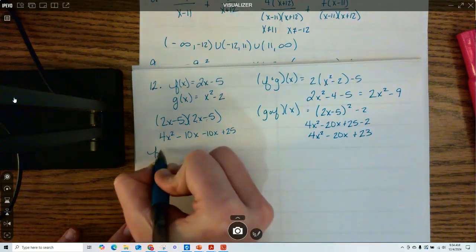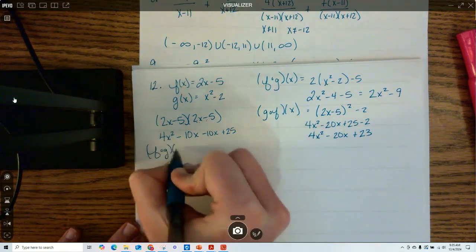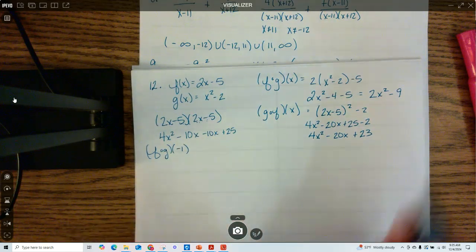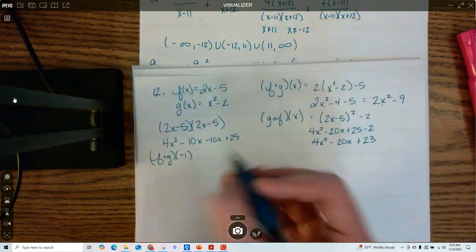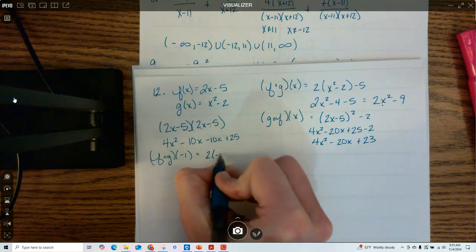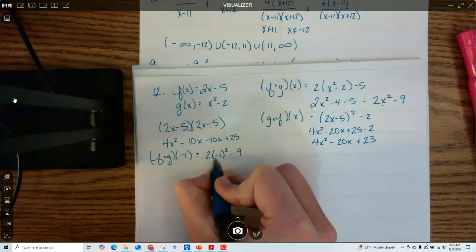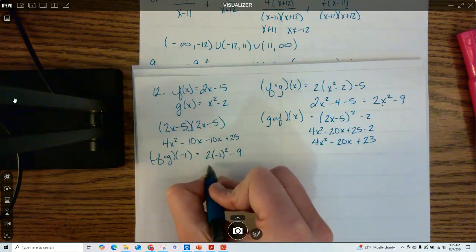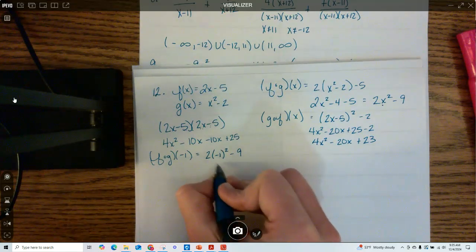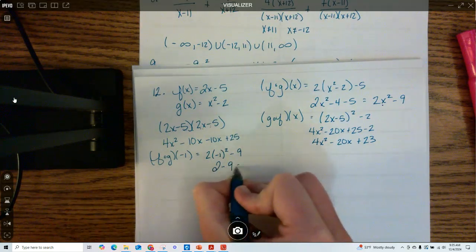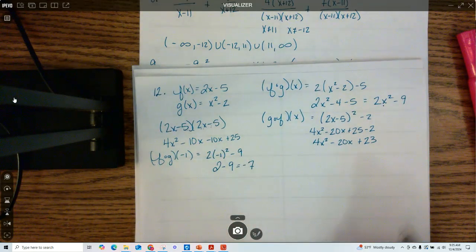And so F of G, and you said it was a negative 1? Yes, ma'am. Okay, so I would just plug a negative 1 in for that x. 2 times negative 1 squared minus 9. Remember, when you square a negative, it makes it positive, so 2 times 1 is 2, minus 9 is a negative 7.